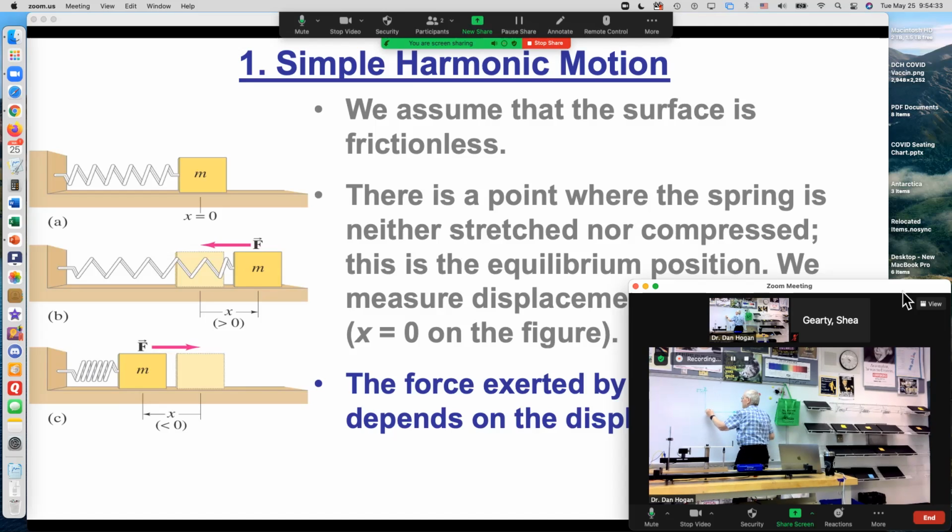What you will see on the data is something that looks like that. The force is changing. Can you see that shape?